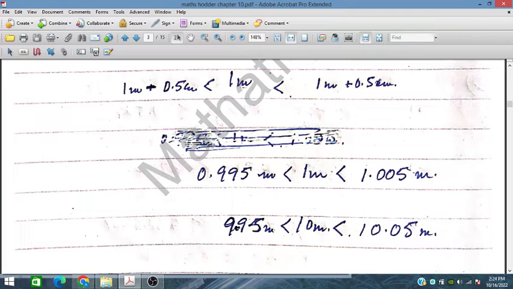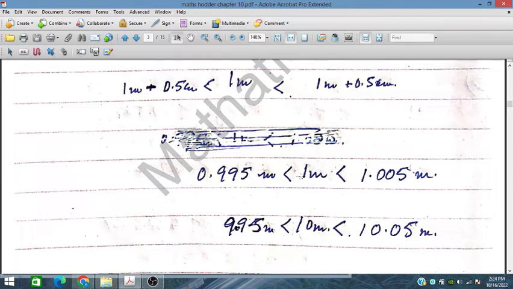So the error is 0.5 centimeters, and this is 99.5 centimeters. So 100 centimeters lies between the lower bound of 99.5 centimeters and the upper bound of 100.5 centimeters.